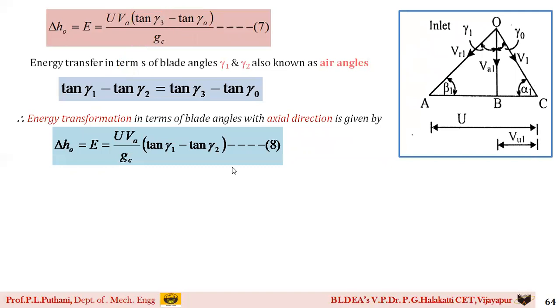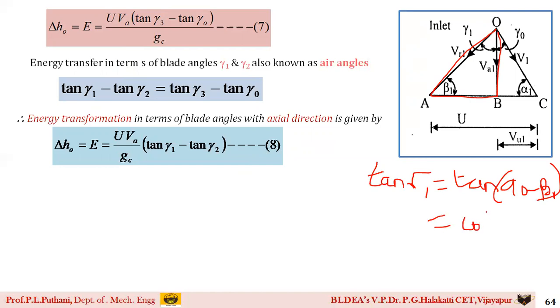Now, another important point, students: if you observe carefully this right angle triangle OAB, you can get the value of tan gamma 1 only if you know tan of 90 minus beta 1, which trigonometrically becomes cot of beta 1.